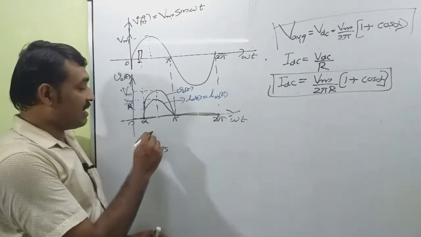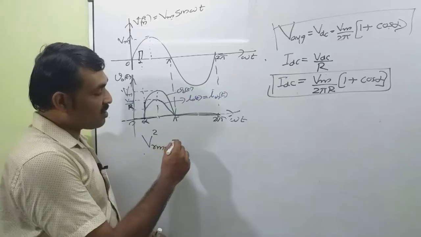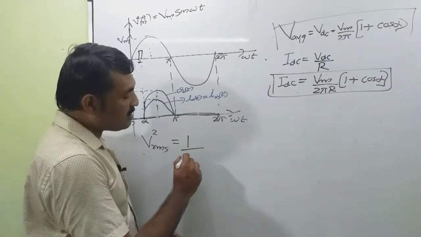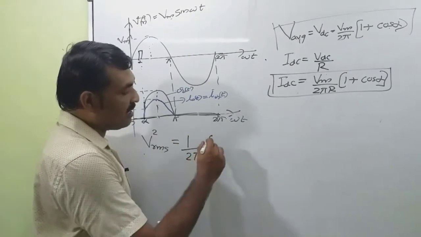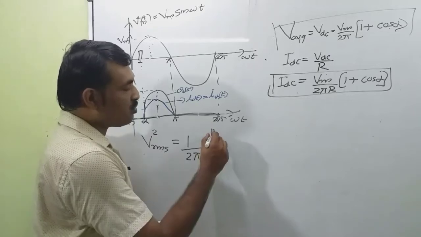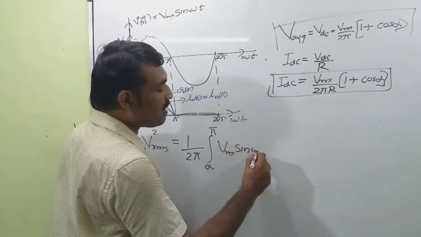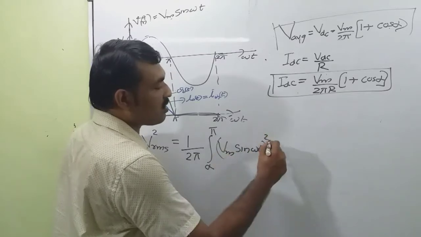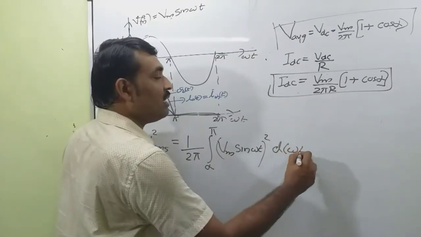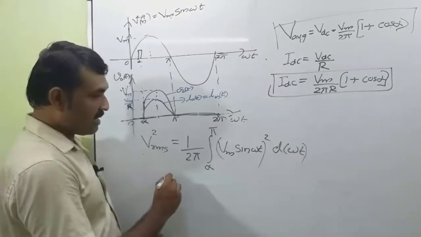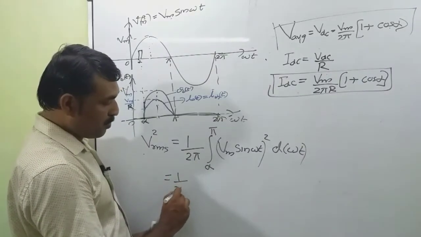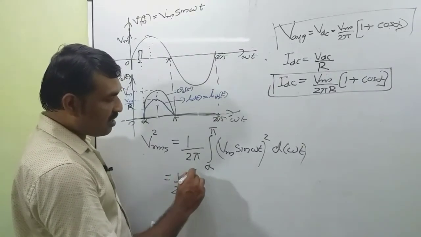VRMS is equal to the square root of 1 by 2 pi into the integral from alpha to pi of (Vm sin omega t) the whole squared, with respect to d omega t. So this is equal to 1 by 2 pi into the integral from alpha to pi.